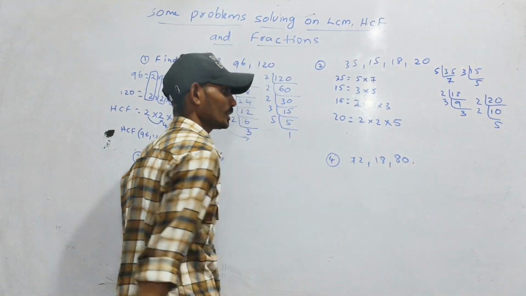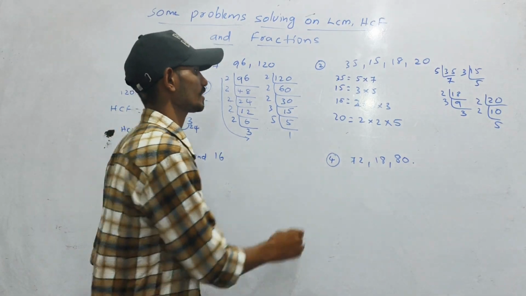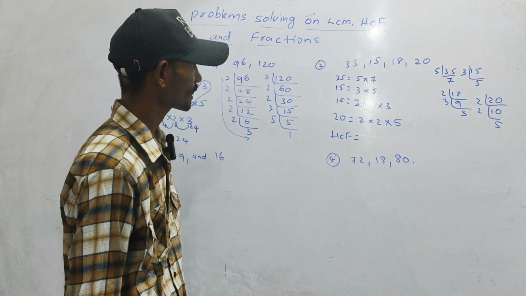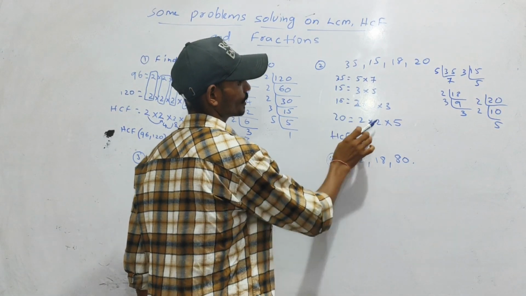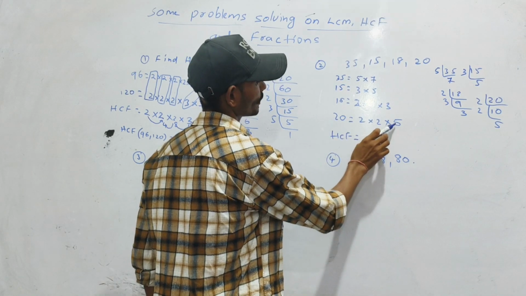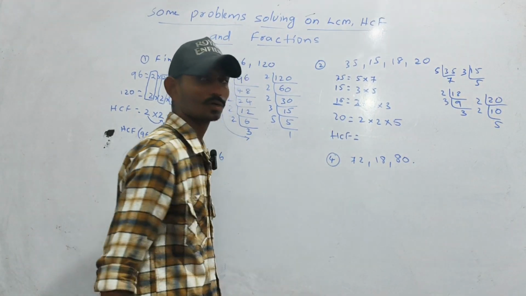Let's check among all the numbers which is the highest common factor. Here 2, here 2, but in these two numbers there is no 2, so leave the 2. Next you check 5: here 5, here 5, here 5, but in 18 there is no 5.